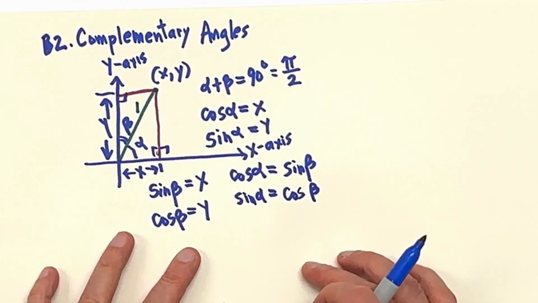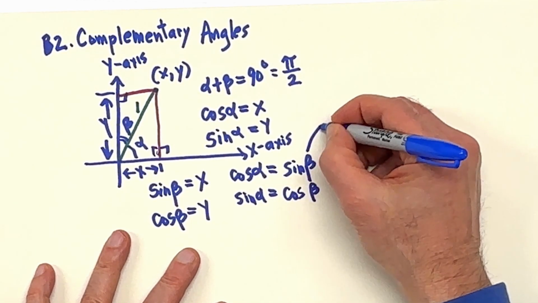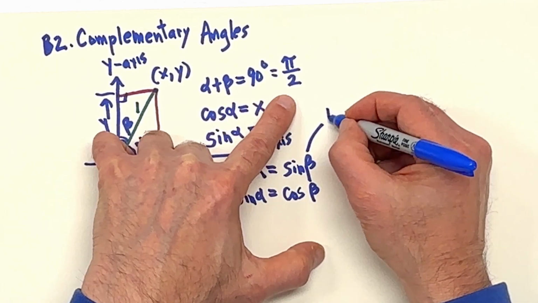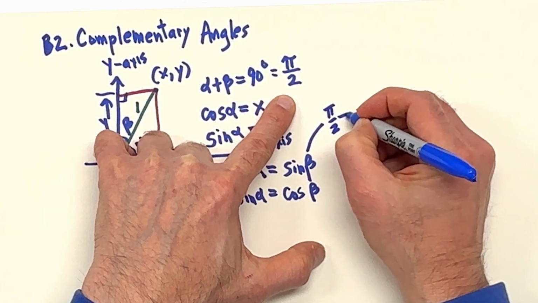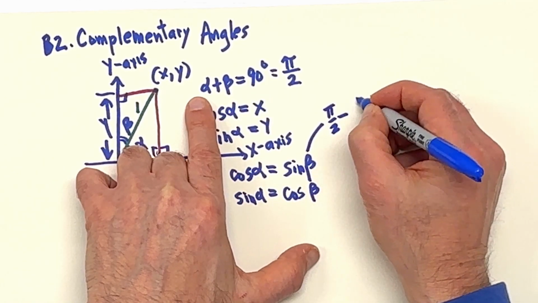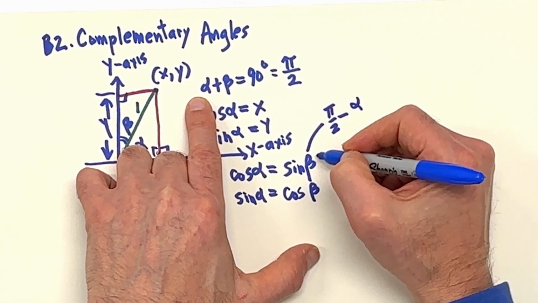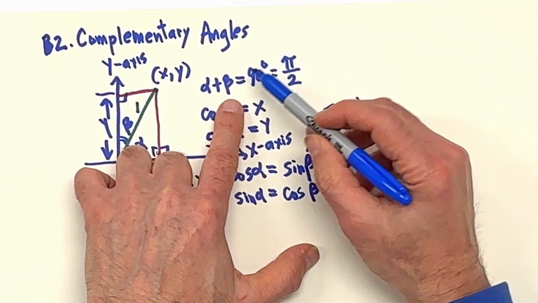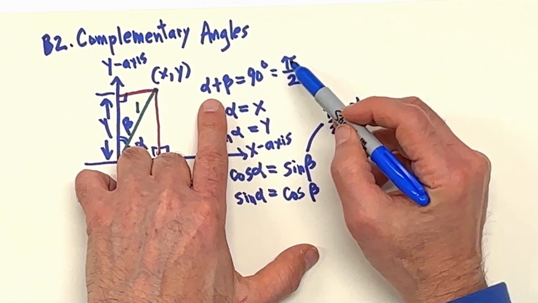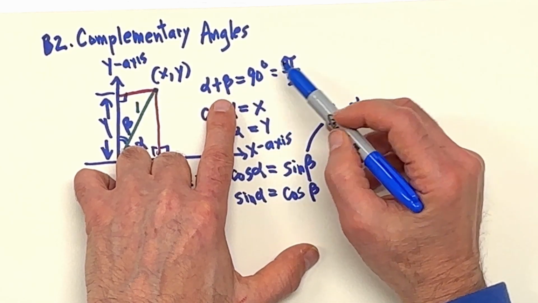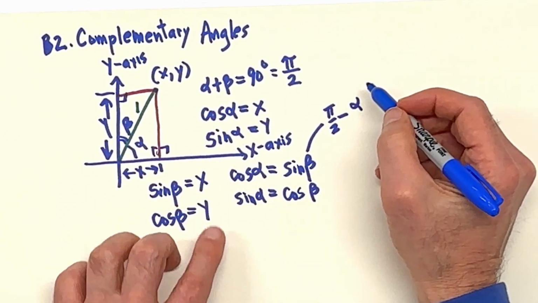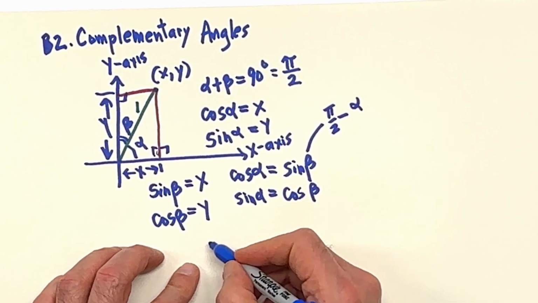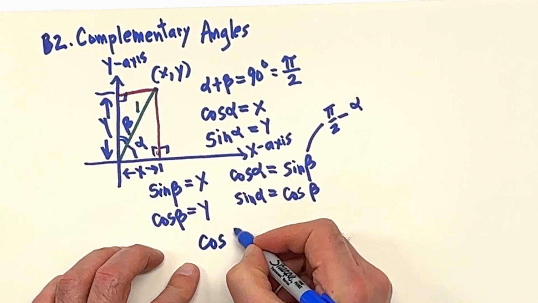Now I would like to also express beta as pi over 2 minus alpha. So that's what beta is. It's equal to pi over 2, and just take away the alpha. So subtract alpha from both sides of this equation, and you get beta is pi over 2 minus alpha. So with that, we can write the formula this way.